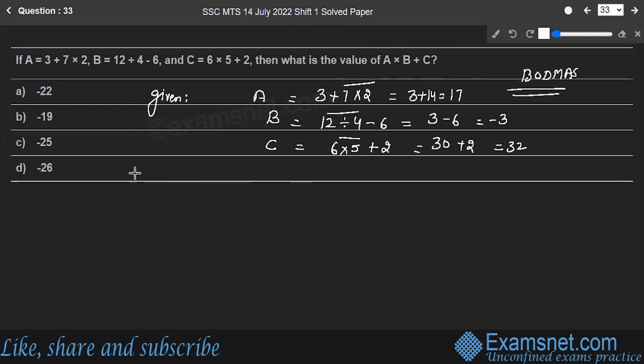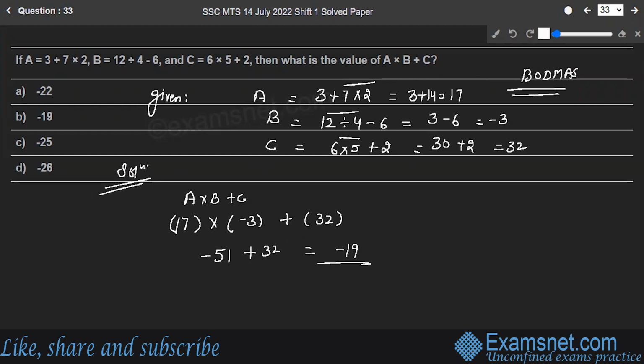Now you simply have to solve A multiplied by B plus C. So A was equal to 17, B is equal to minus 3, plus C is equal to 32, right? So this gives minus 51 plus 32, which is equal to minus 19. So option B is the correct answer to the question, minus 19.